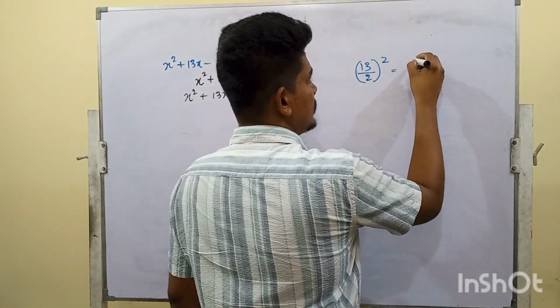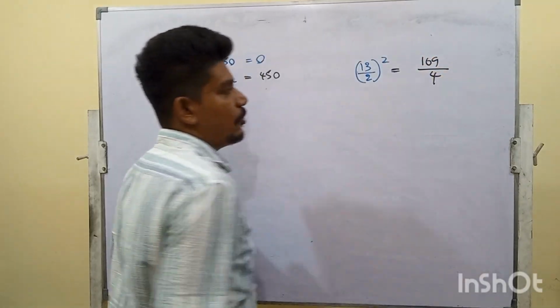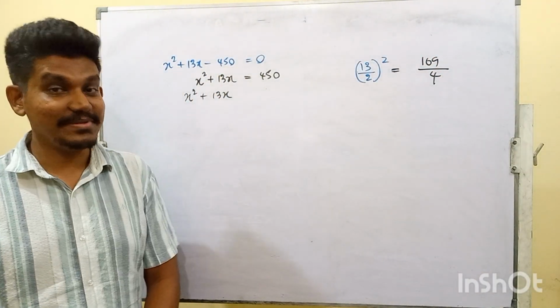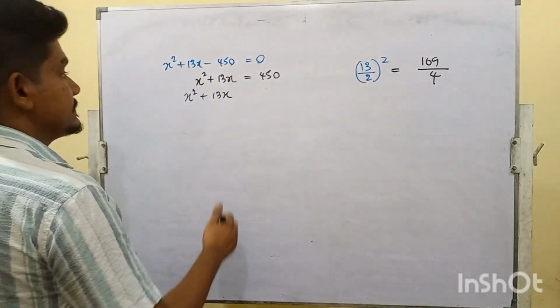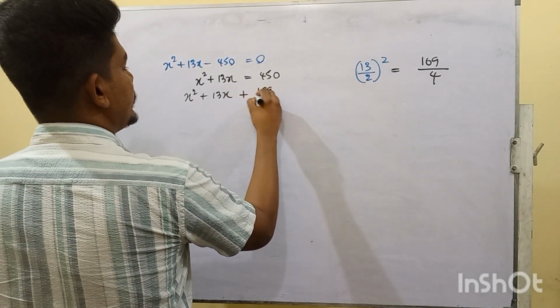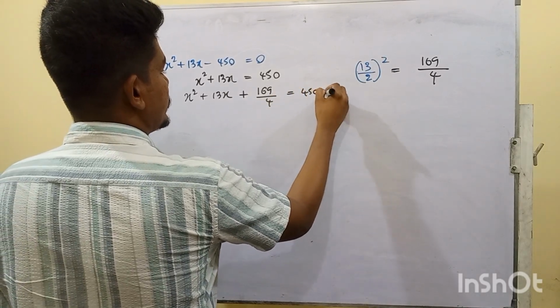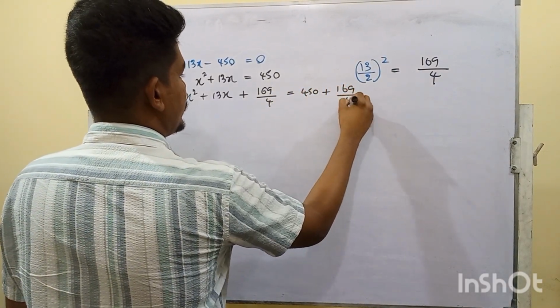Then 13 squared will be 169, and 2 squared will be 4. So I'm adding 169 over 4 here, equals 450 plus 169 over 4.